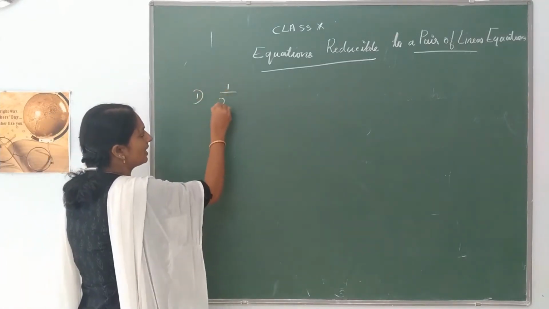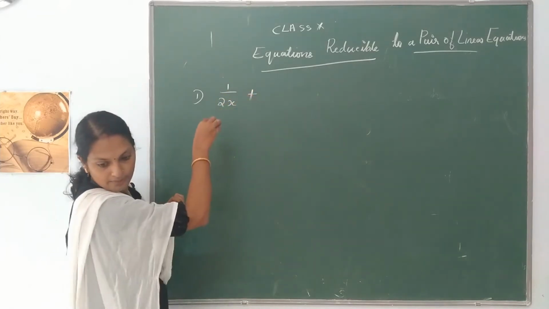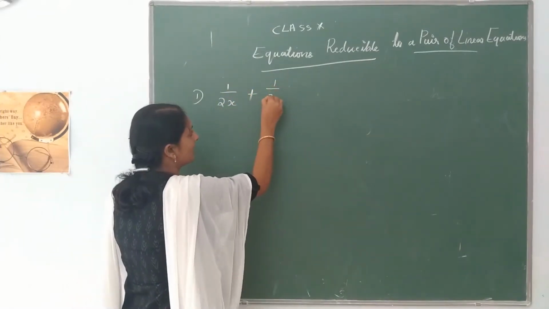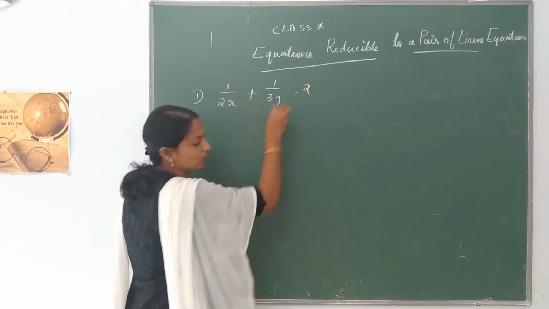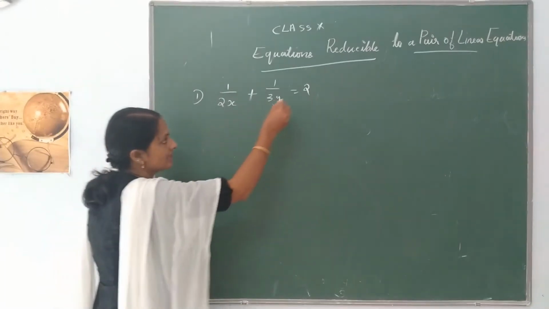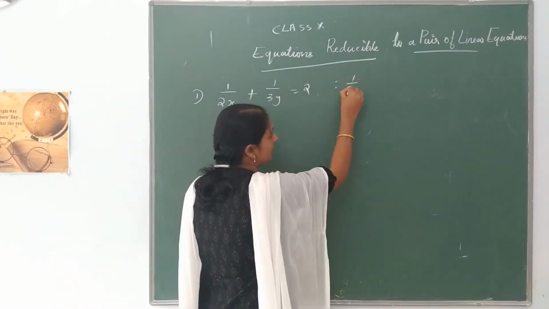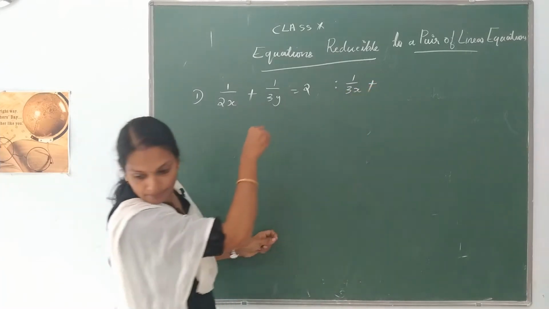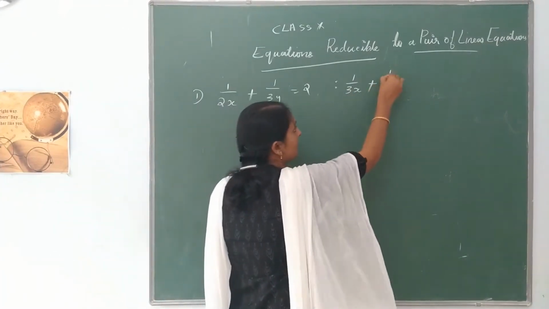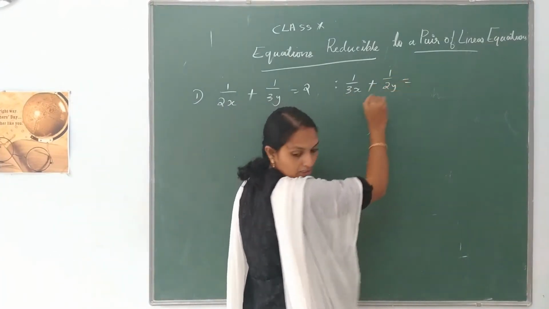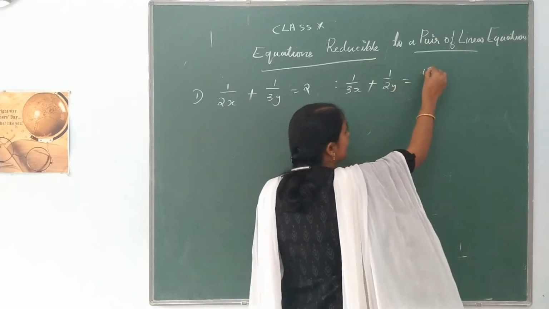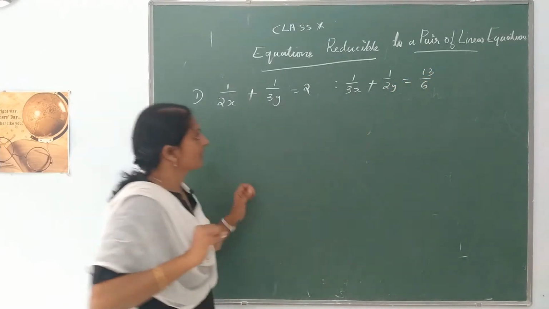First question, 1 by 2x plus 1 by 3y is equal to 2. Next, 1 by 3x plus 1 by 2y is equal to 13 by 6.